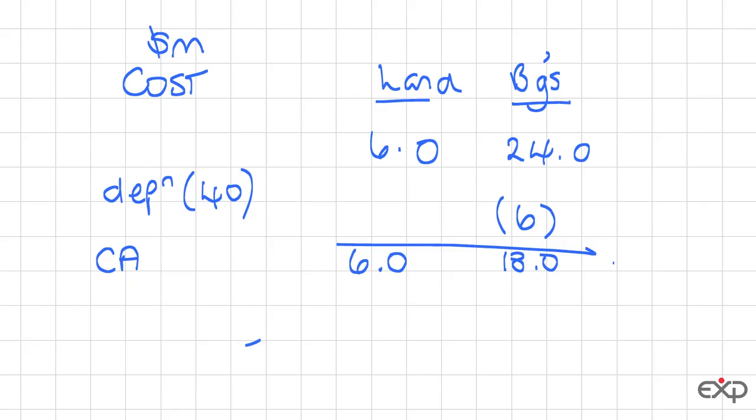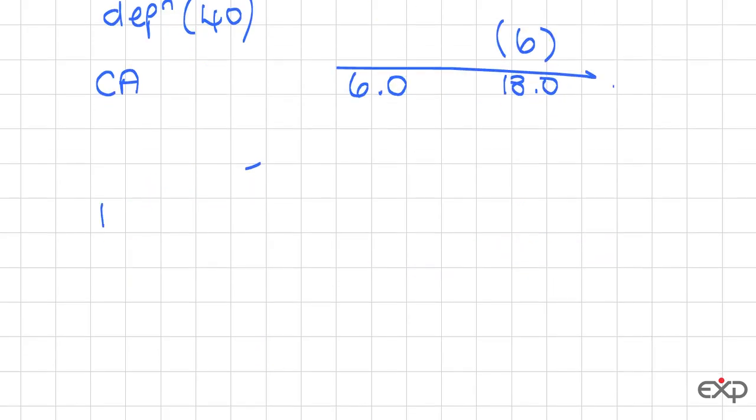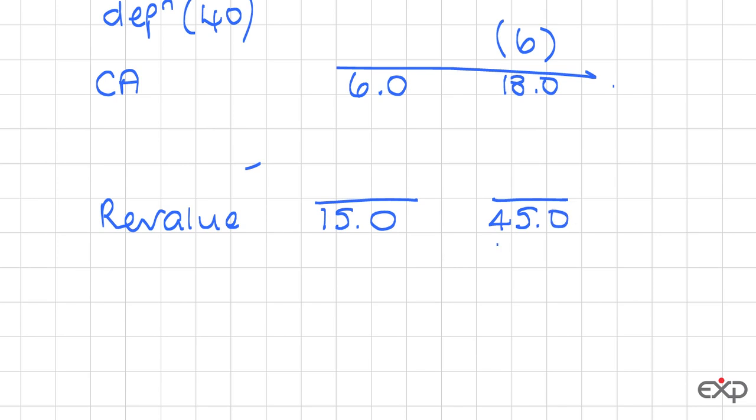We then revalue at the beginning of the year, and we've said that we've revalued to 60. 15 for the land, which must mean 45 for the building. So we therefore got a revaluation surplus of 9 positive for the land and 27 for the building, giving me a total of 36 million.